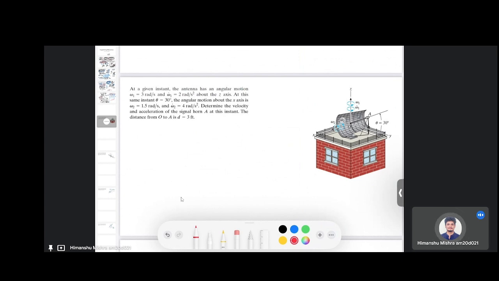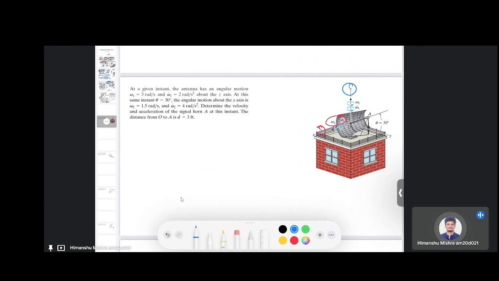So you can see that it's a similar problem actually, and we have given the angular motion about this x-axis, which is given by omega 2, and there is an angular motion about the z-axis as well.